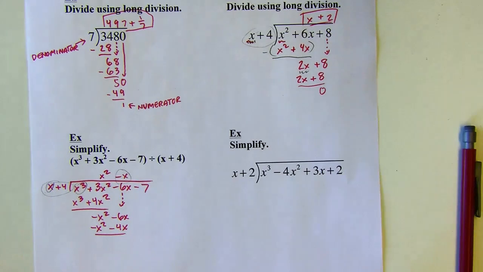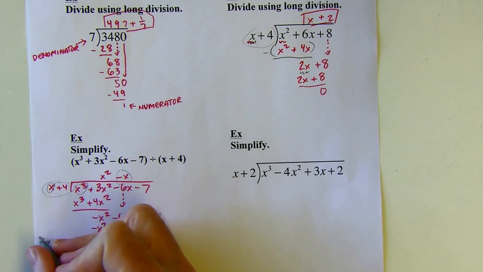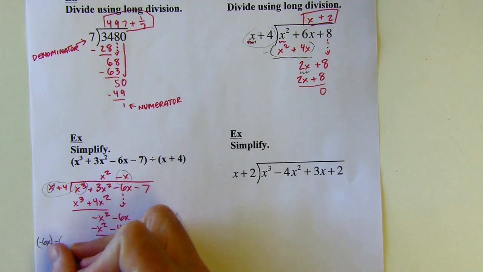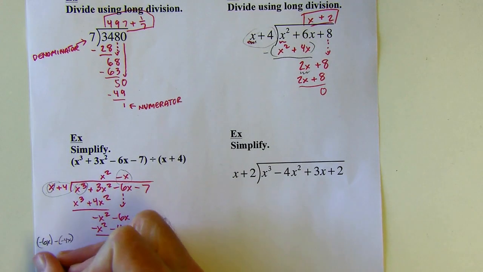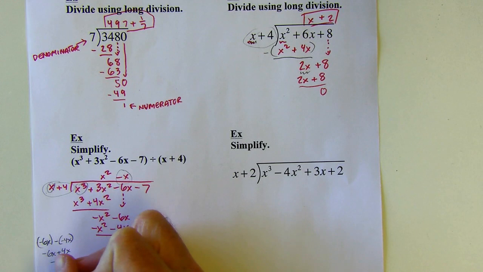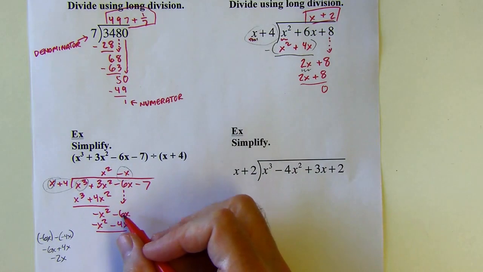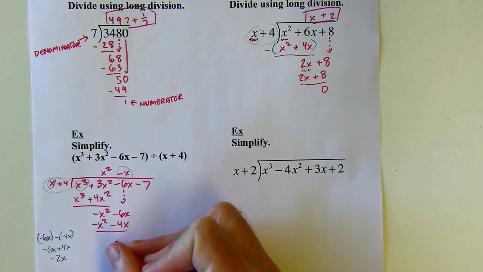So if you need to do a little side problem, go ahead and do that. Negative 6x minus negative 4x. So that would be negative 6x plus 4x, which would be negative 2x. Okay, I'm subtracting, so you're subtracting a negative, right? So it's like adding 4x because we're subtracting a negative.